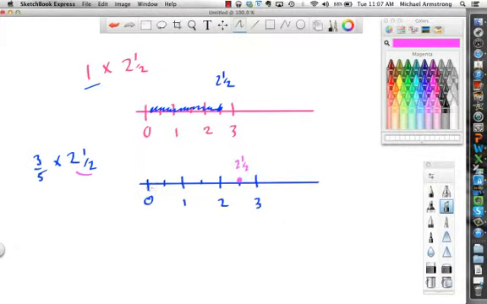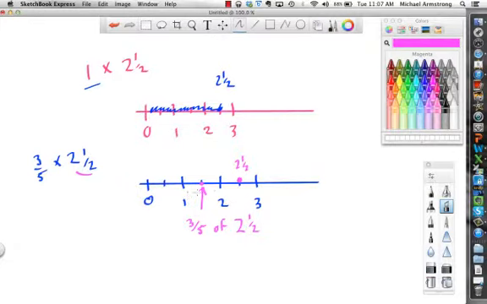Now if I count my halves, I've got 1, 2, 3, 4, 5. So I actually have 5 halves. So if I want to count 3 of those 5 halves, that gets me here. So this point is 3/5 of, which means times, 2 1/2.